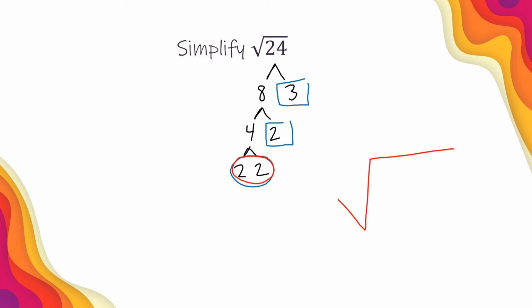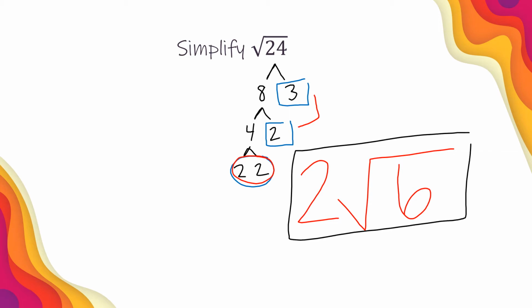That's one entity that's going to come out as a 2. All right, now I do have more than one single. I have a 3 and a 2. So whenever you have more than one of anything, when you're simplifying radicals, you multiply them together. So 3 times 2 is 6. So 6 is going to stay in the radical. And this is my final answer.